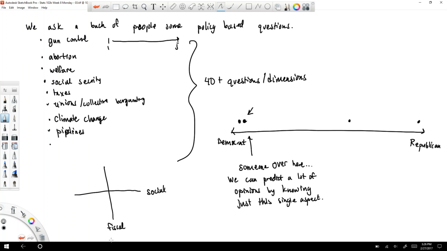Less control social, less control fiscal aligns you another way. That would be like libertarian, and then more social and more fiscal influence by the government would make you a populist and things like that. You have these other political dimensions, but this would also be another way of projecting 40 dimensions or whatever down onto just a couple of dimensions.